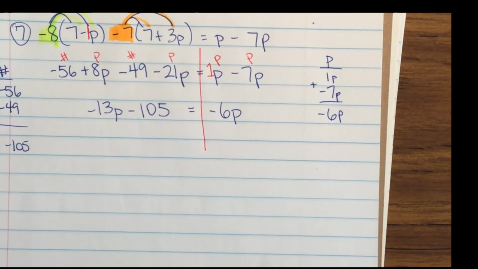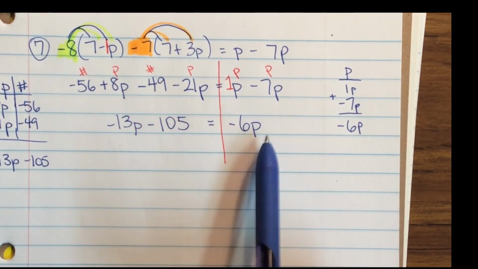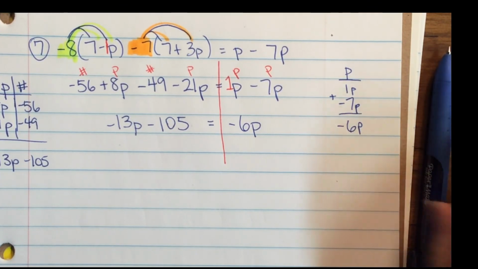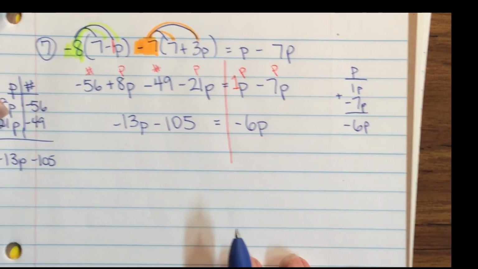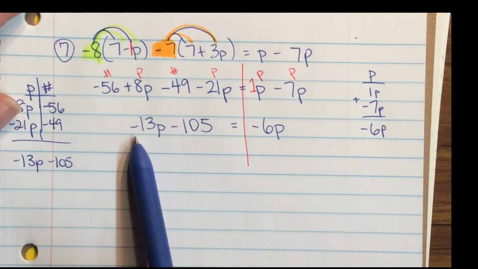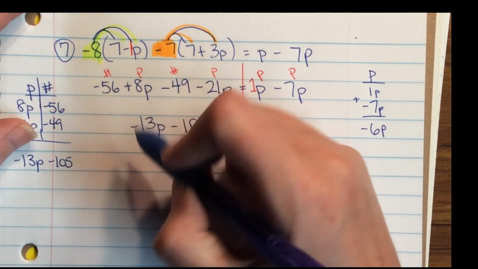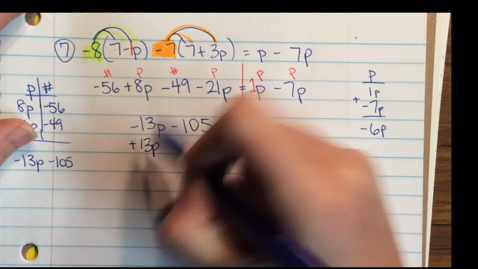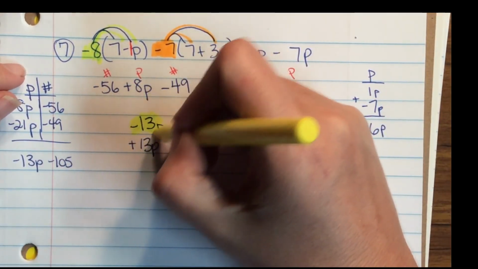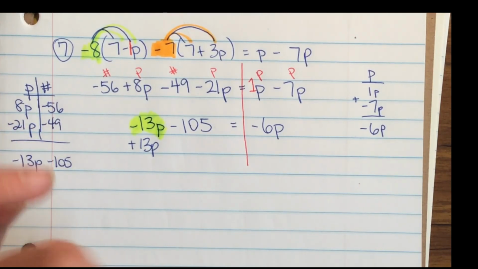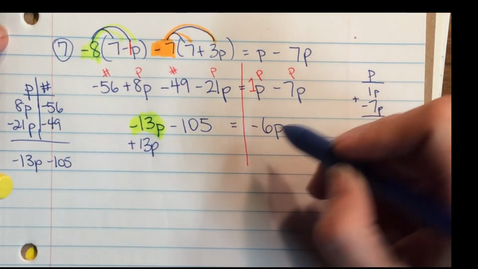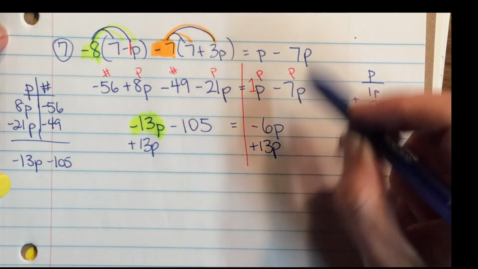Now we're back down to equations with variables on both sides. So we always try to move the smaller p. And normally 13 would be larger, but because it's negative, it's actually smaller. So this is the one we're going to move. I'm going to highlight that just like we used to. So we're going to move 13p. So we're adding 13p to both sides.